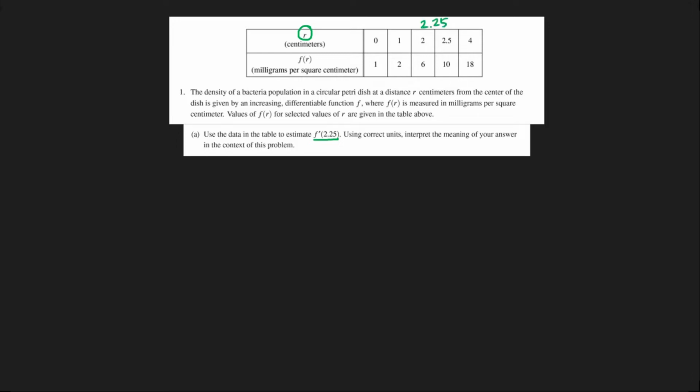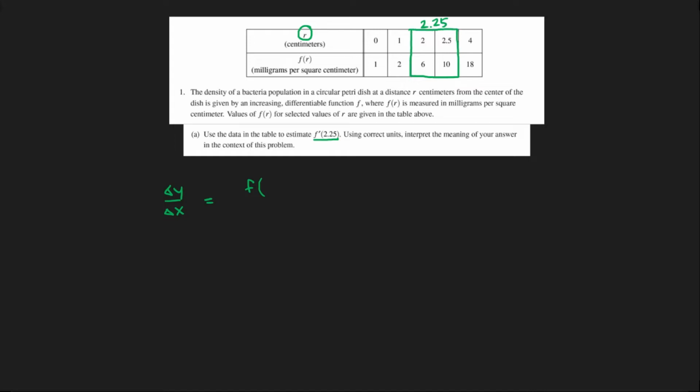And we know that in order to estimate a slope, we're just going to use the slope equation, and that's going to be change in y over change in x. To be particular, I'll write this out. F of, and here we're actually going to be using these four values to be clear.